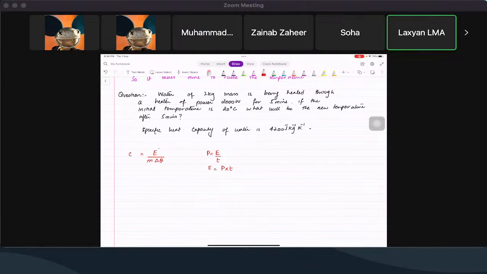So the power was 2000, but the time was 5 minutes, so we have to convert that. How do you convert minutes into seconds? You multiply by 60. So time would be 5 times 60, which converts this into seconds.